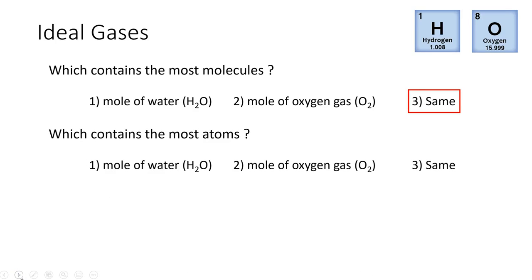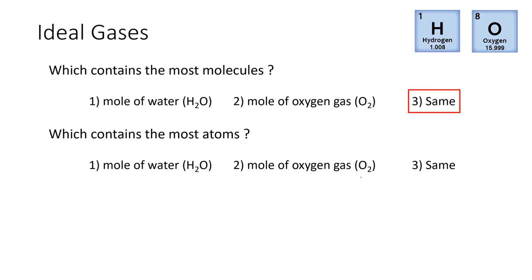Now we want to know which one contains the most atoms, 1 mole of water or 1 mole of oxygen gas. For this, we want to think about the fact that 1 molecule of water contains 2 hydrogen atoms and 1 oxygen atom, so 1 molecule has 3 atoms. Oxygen gas is O2, what's referred to as a diatomic molecule.